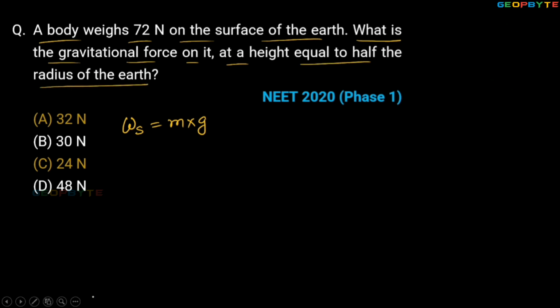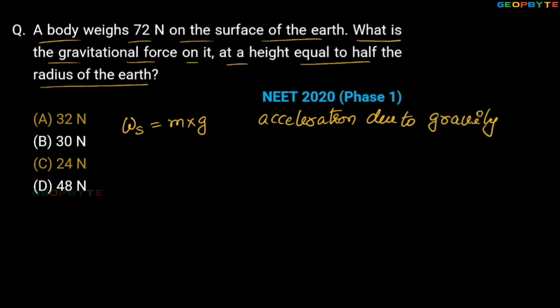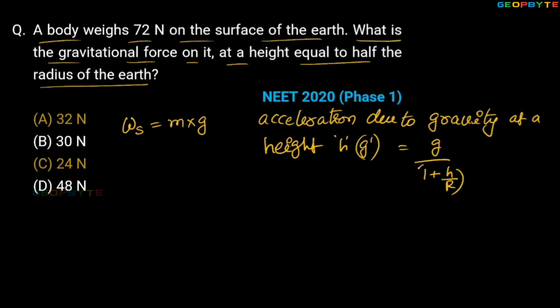You know, the acceleration due to gravity at a height h, that is g dash, equals g by 1 plus h by R whole square.